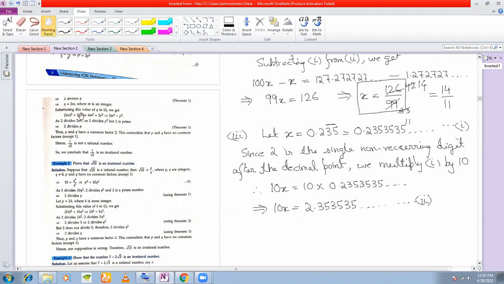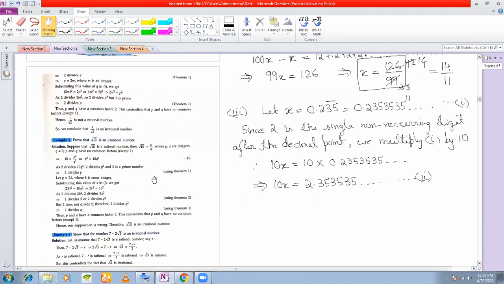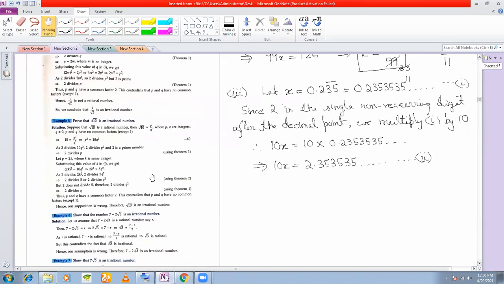Okay. Now, once we have taken care of the non-recurring part, we now look at the recurring part. How many digits are recurring? We have 2 digits recurring, 3 and 5.